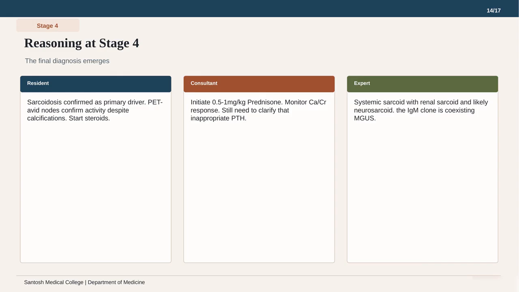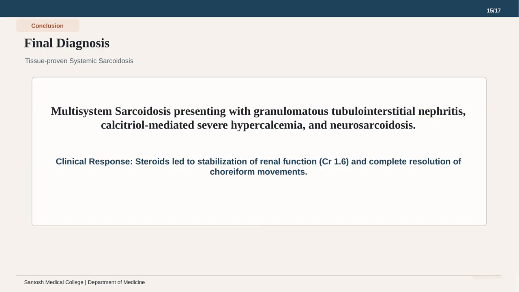This brings us to the formal conclusion of our diagnostic mystery. The text displayed here presents our final unifying diagnosis. The patient suffered from multisystem sarcoidosis, presenting with granulomatous tubulointerstitial nephritis, calcitriol-mediated severe hypercalcemia, and neurosarcoidosis. The clinical response at the bottom of the slide validates this conclusion beautifully.